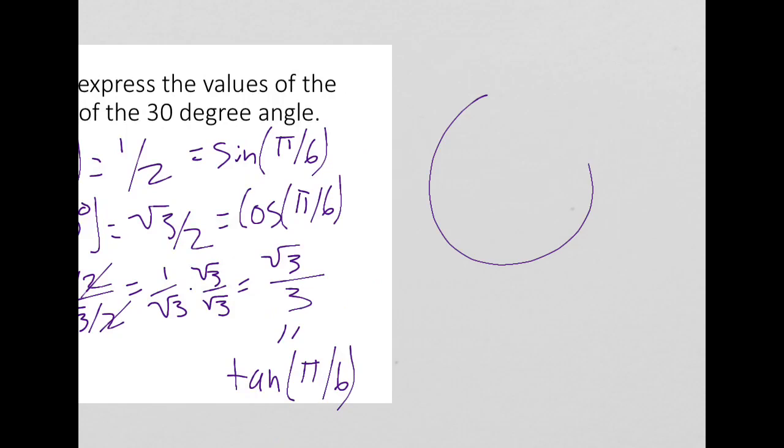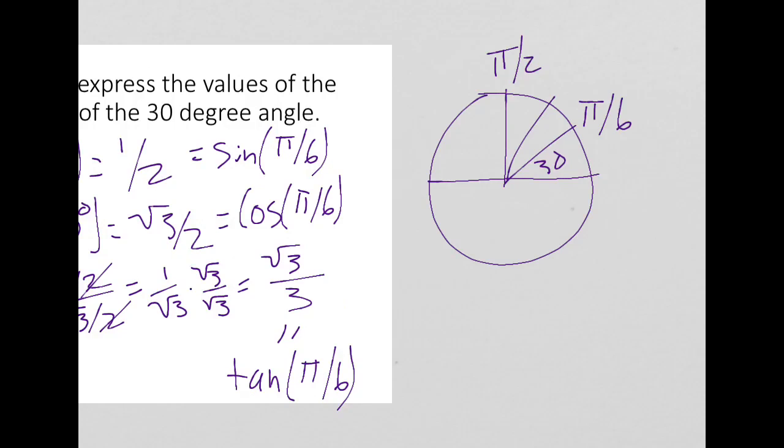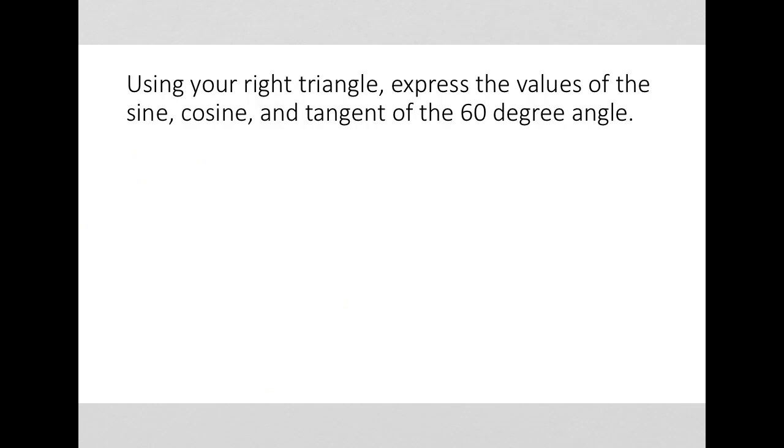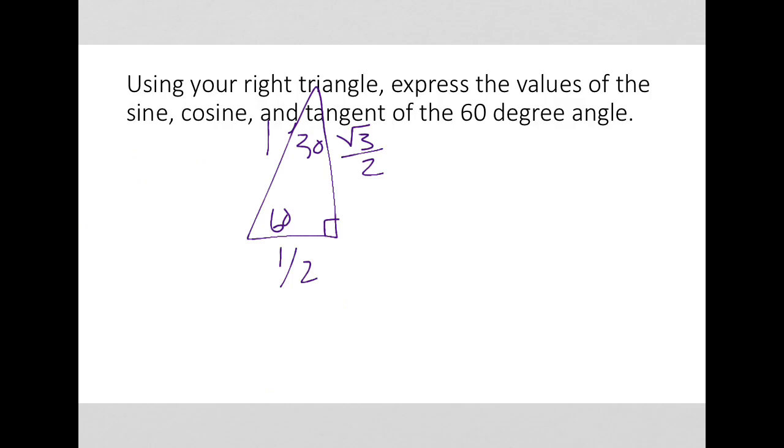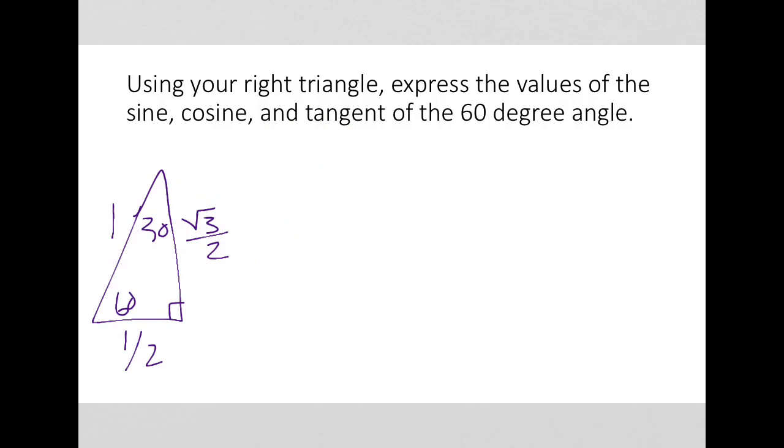Just like before, draw yourself a little pinwheel. We know we have a 90-degree angle straight up, and 90 divided by 3 is 30. 90 is the same as pi over 2, so divide that by 3 to get pi over 6, just like that. And now let's list the values of the trig functions for that 60-degree angle.